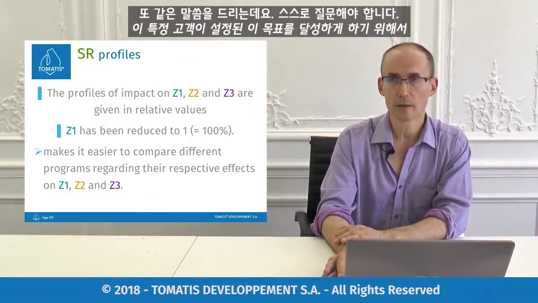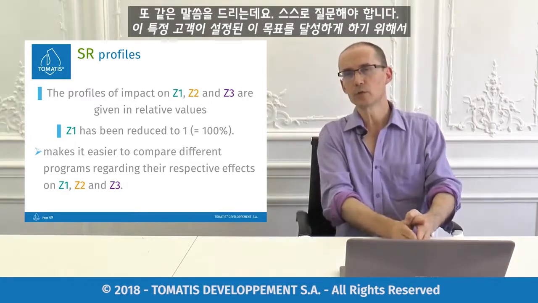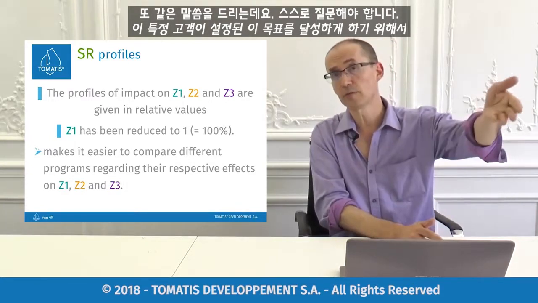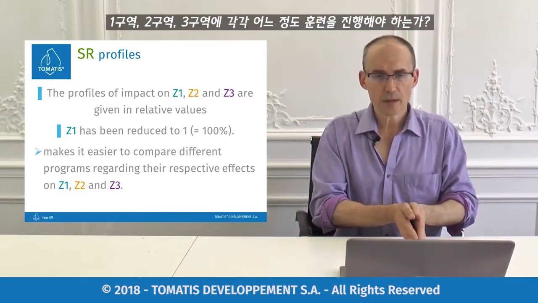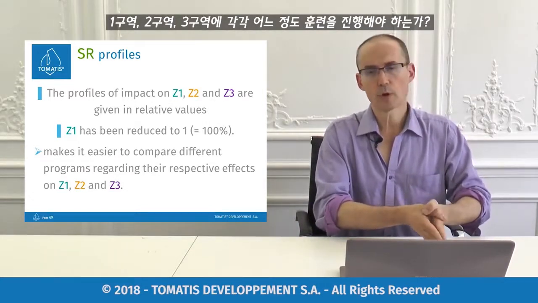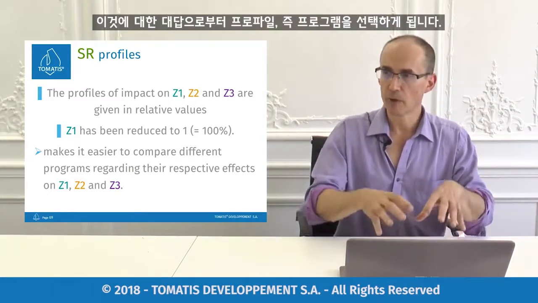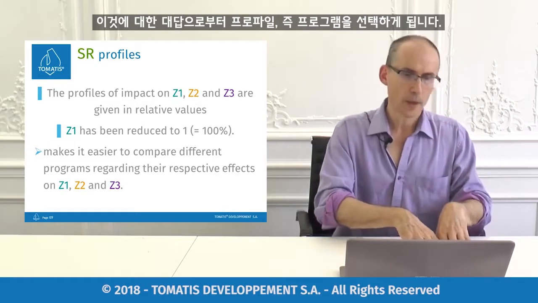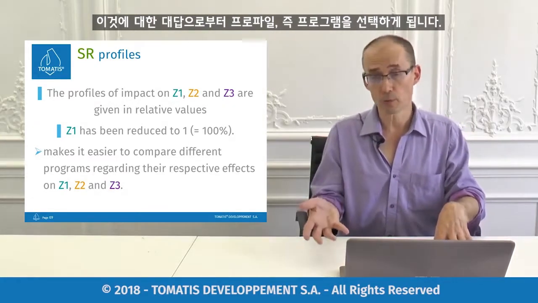Okay? And this is also the same story. You ask yourself the question, to what extent do I need with this particular client, and according to the aims that have been defined, to what extent do I want to work on Zone 1, on Zone 2, and on Zone 3. Okay? And from this answer, you are going to pick up a profile, meaning a program.